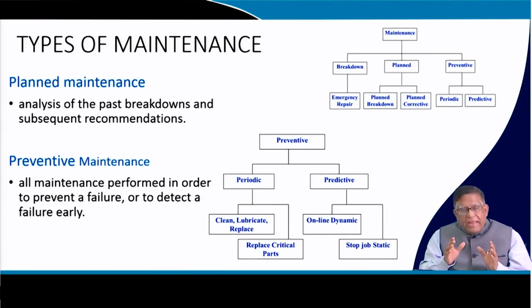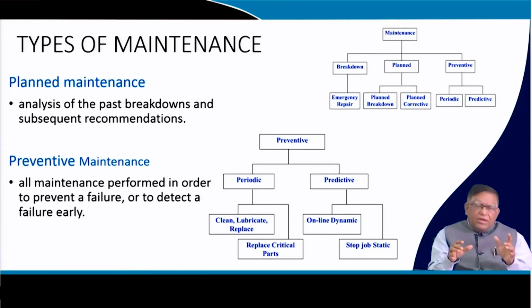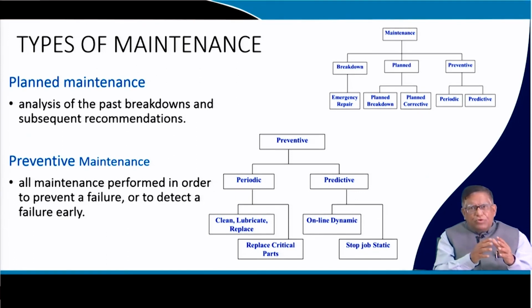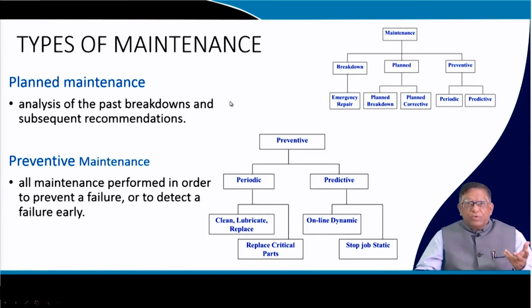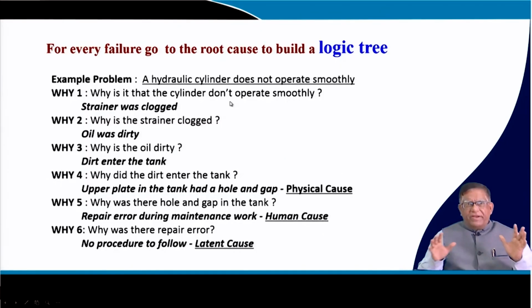In the preventive it can be periodic preventive, predictive preventive, where clean, lubricate and replace jobs are done, oil line dynamic is done, replace critical parts, stop job static. Some of this terminology you need to learn, and this will be specific to a machine or specific to a system, which will vary.